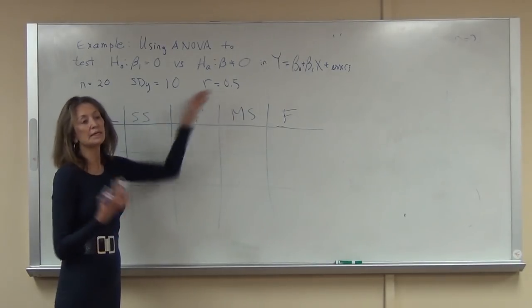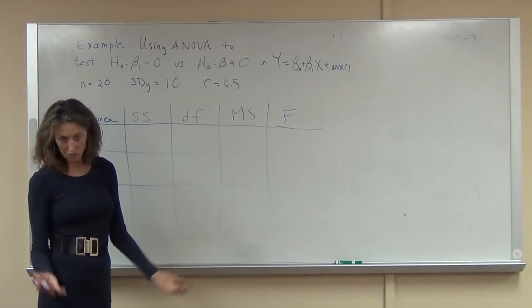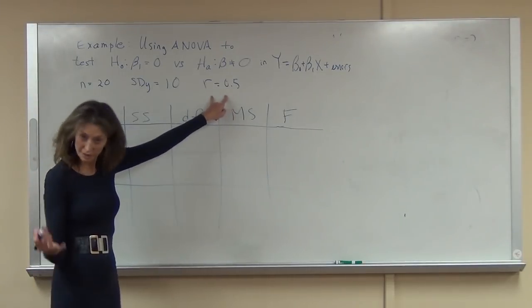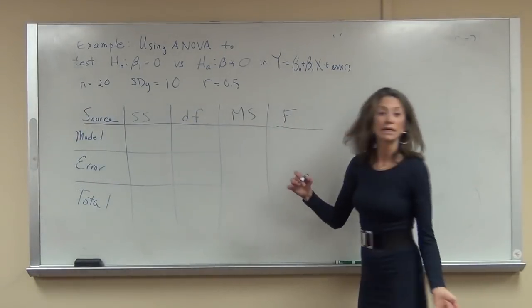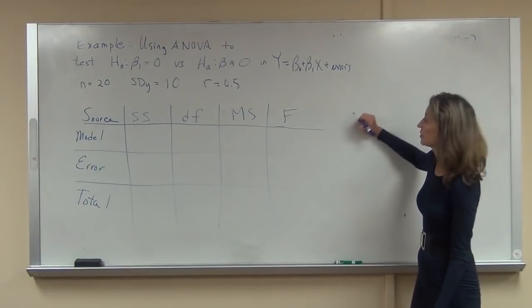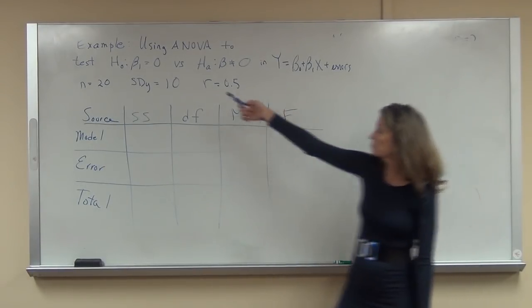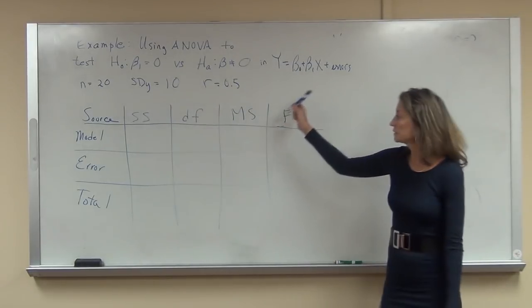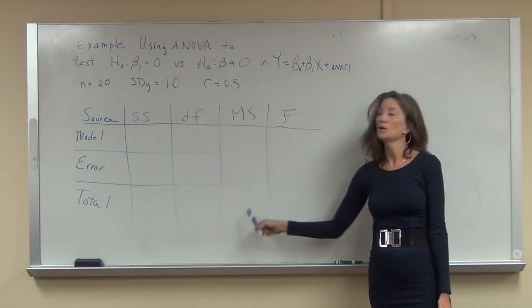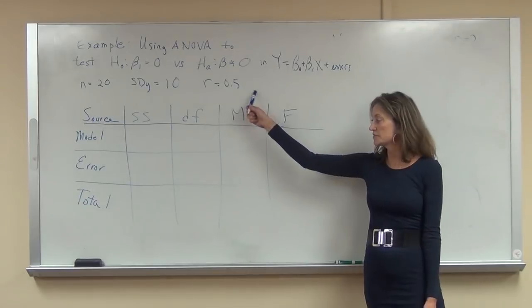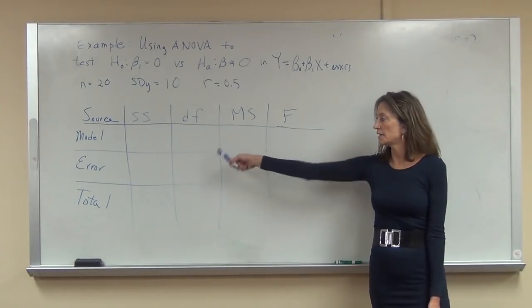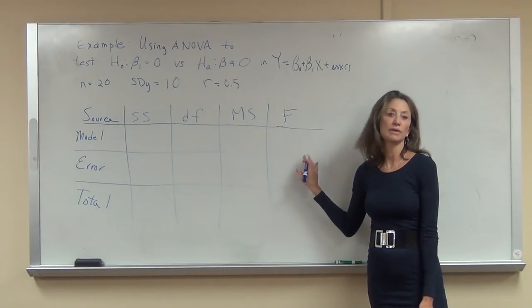Okay? Well, we could easily do our formula and solve this very quickly, the formula we just got, to get this F statistic and a p-value to test this. So we can do it that way, and then I can also show you how this same information would be used to fill in an ANOVA chart.